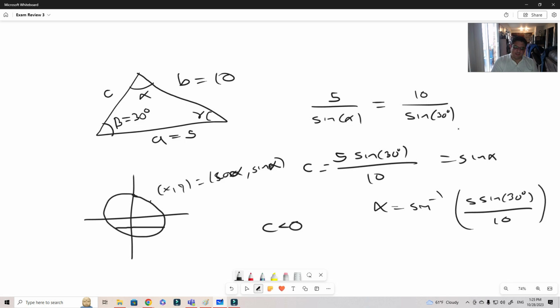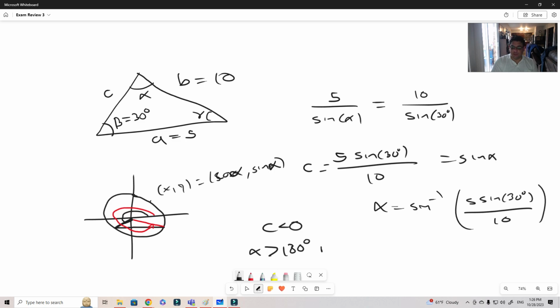That means I'm going to find either this angle over here, or my second choice, this angle over here. Both of these angles are bigger than 180. So if C is less than 0, alpha is bigger than 180 degrees.